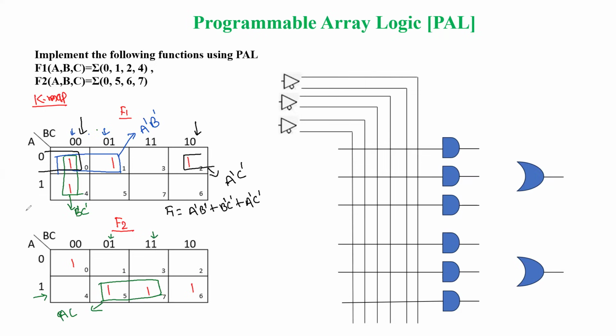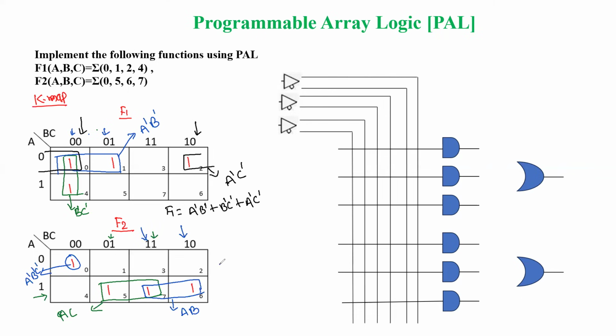Similarly, we look for another combination. Here 7 and 6 we can make one more pair. Row wise the common is A, and column wise the common is B, so we write AB. And min term 0 is isolated, no combination is possible. For it we write row wise A dash, column wise B dash and C dash.